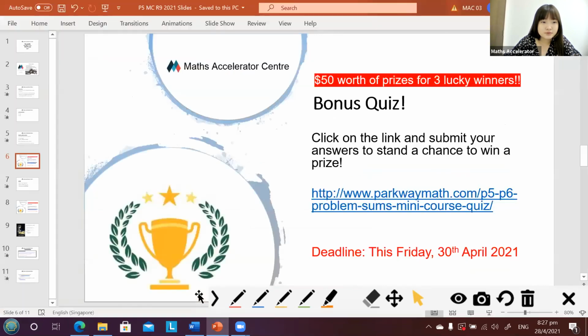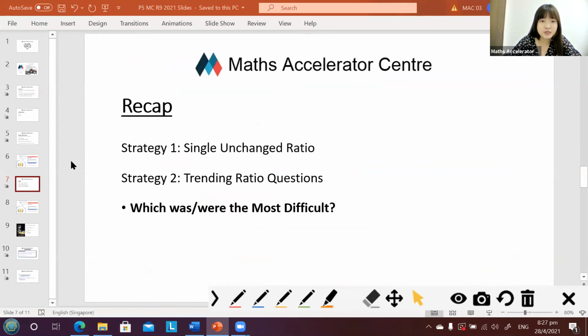Today we did our single unchanged ratio and trending ratio questions. Which do you find the most difficult, or not difficult at all?